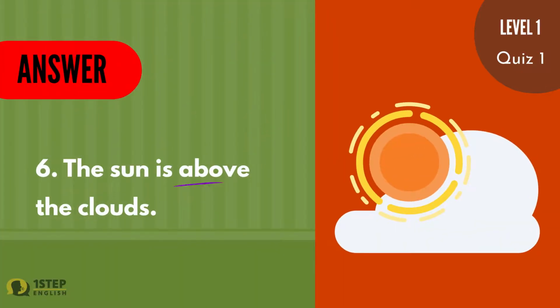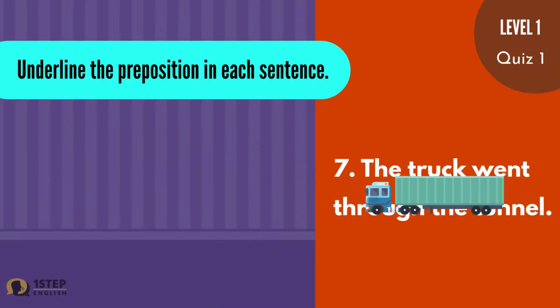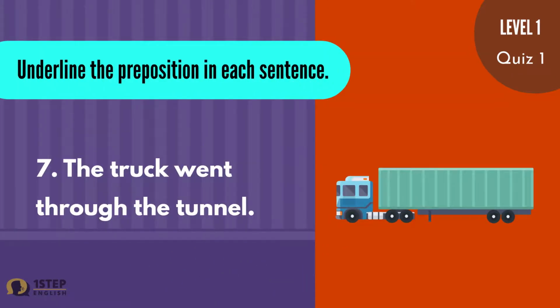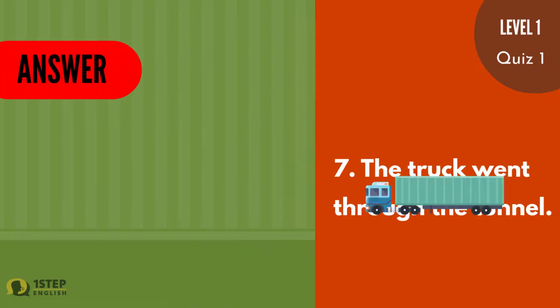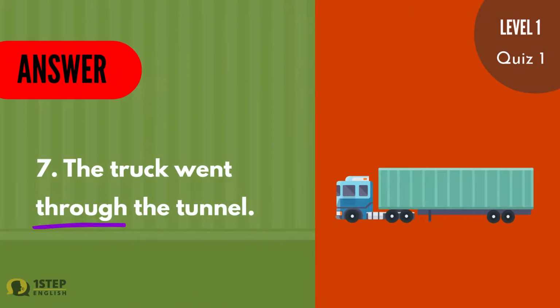The correct answer is above. The sun is above the clouds. Number 7. The truck went through the tunnel. The correct answer is through. The truck went through the tunnel.